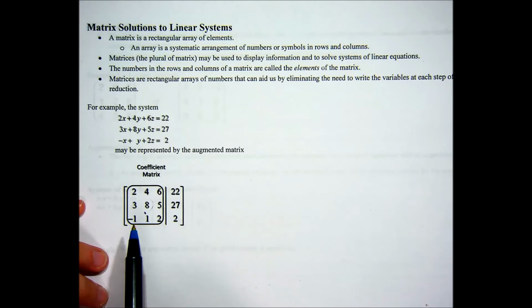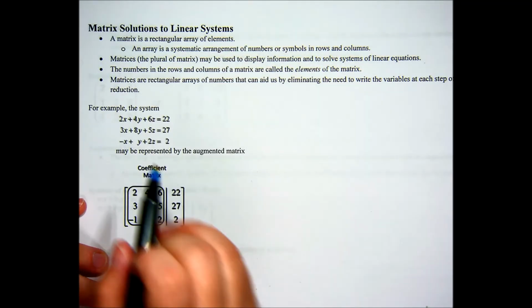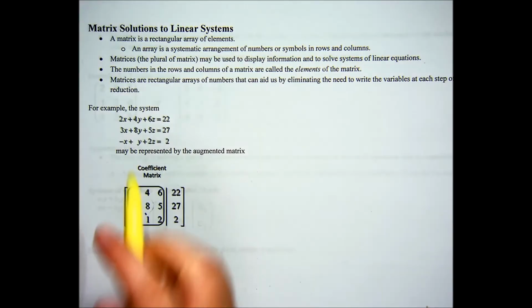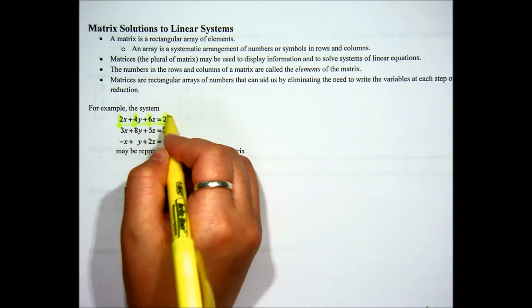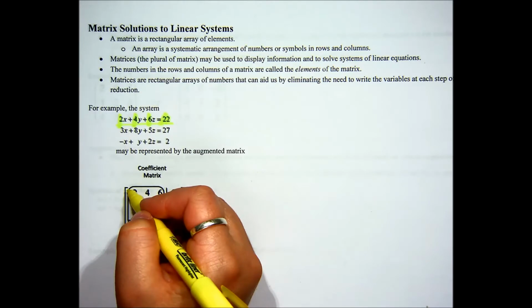For example, this system of equations, what you want to do is you want to know just the numbers, just the coefficients. In the first row, we see a 2, a 4, a 6, and a 22. So in our matrix, the first row would be a 2, a 4, a 6, and a 22.